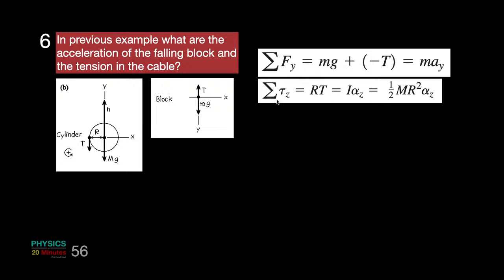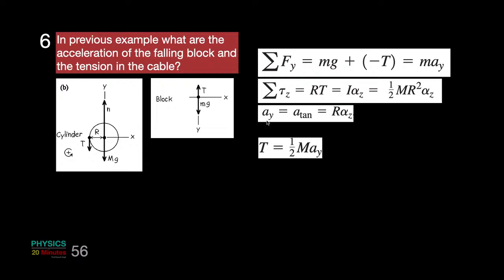This is how you write the rotational counterpart of Newton's laws. So sigma tau is equal to RT is equal to I alpha. I can be written as half mr square for a cylinder, into alpha. Now this is how the linear and rotational accelerations are related.